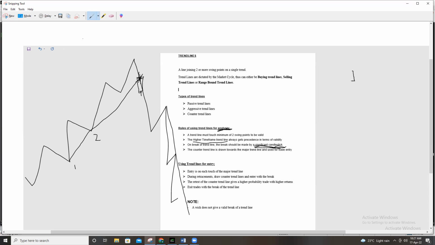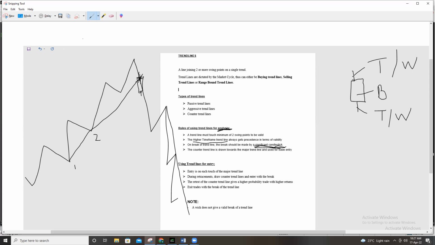Now back to basics. This is a candlestick. We have this tail, or what we call the wick. This is the body, and this is also a tail. Tail or wick, whichever name you like best. You have the body, you have a tail or wick. So that break must be the body of a candlestick.